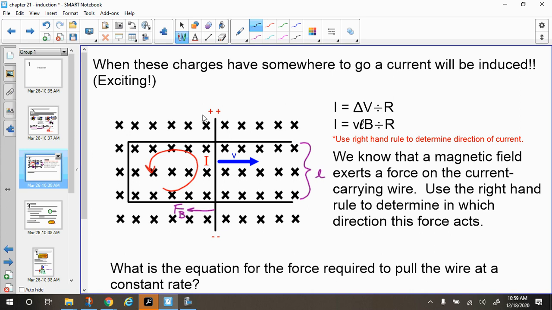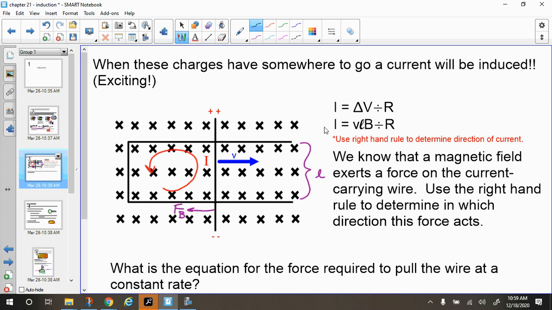So we use the right-hand rule to determine the direction of the current. So we know we have Ohm's law, which is current is equal to delta V over R. And in our last page, we saw that delta V, or motional EMF, is equal to velocity times L times magnetic field.